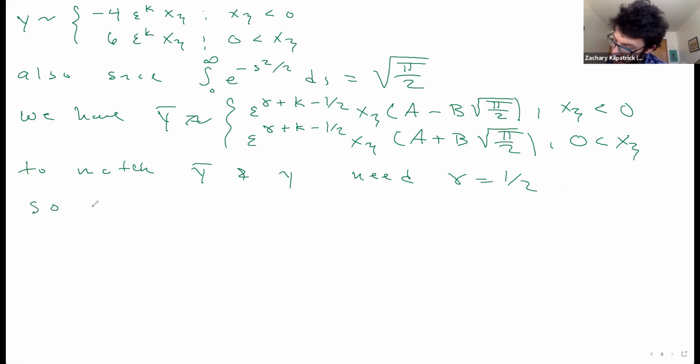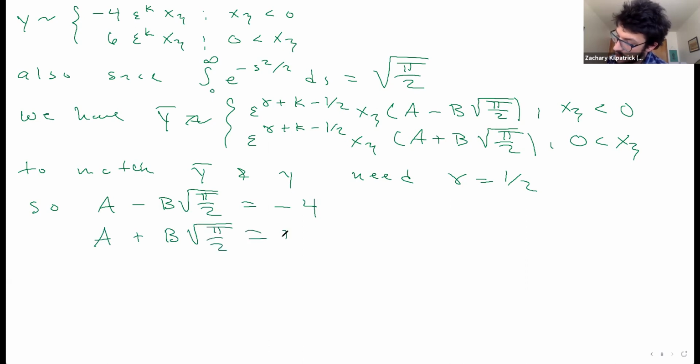So that means that a minus beta square root of pi over 2 is equal to minus 4, and a plus beta square root of pi over 2 is equal to positive 6.